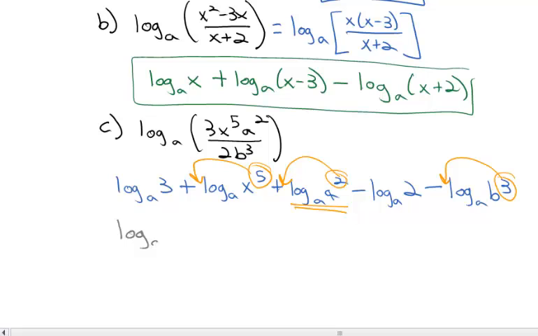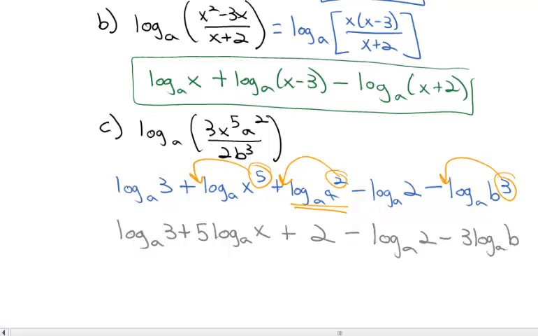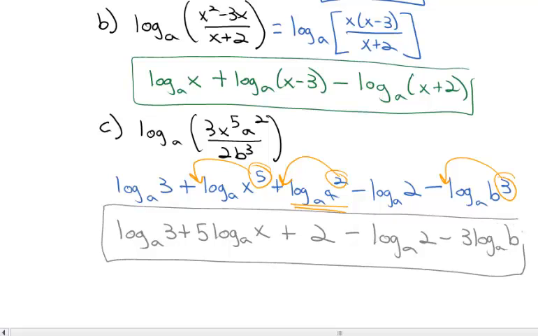So we end up with log base a of 3 plus 5, moving the exponent out front, log base a of x, plus 2, bases match, so the answer is the exponent, minus log base a of 2 minus 3 log base a of b. This is our final expanded solution.